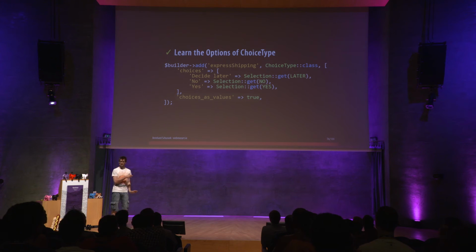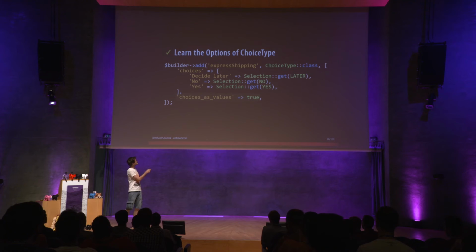So you probably know that with one of the later versions, like 2.7, I think, there was a change in the choice type option choices. We switched the label and the value in this array around. And this means that in your choices, you can select from any kind of data type.